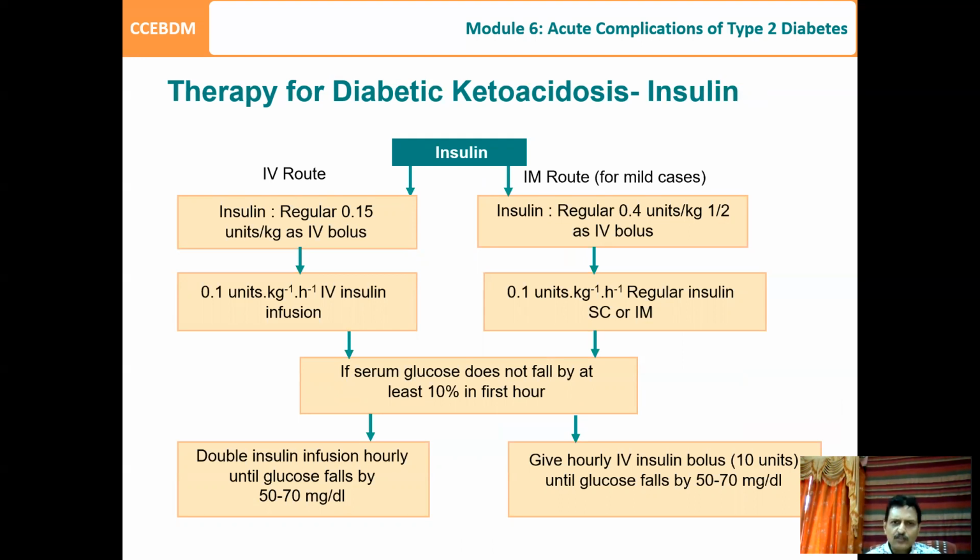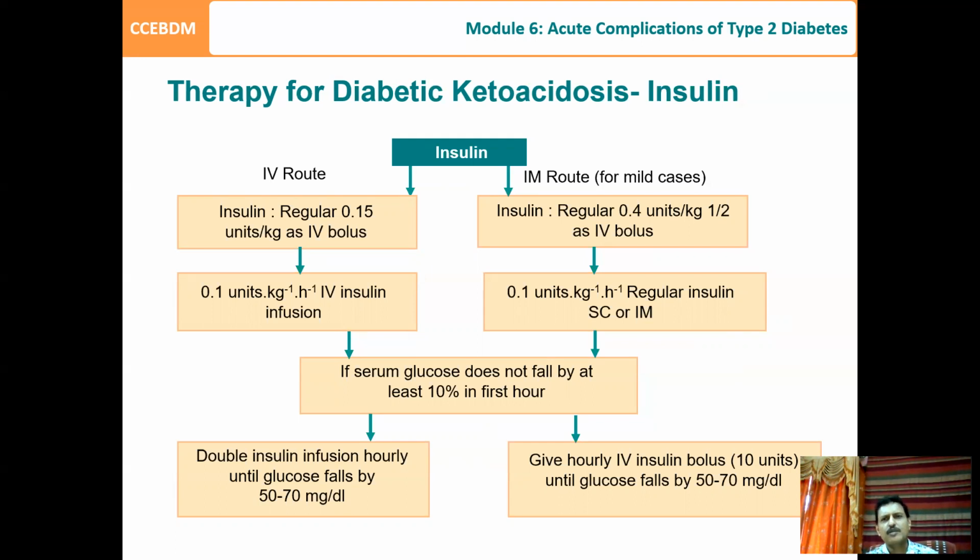You can calculate on the basis of body weight: 0.1 unit per kg per hour, that is the dose. So a 40 kg boy will require 4 units per hour, and an 80 kg man will require 8 units per hour. Very simple. So give 4 to 8 units of insulin per hour as an IV infusion.